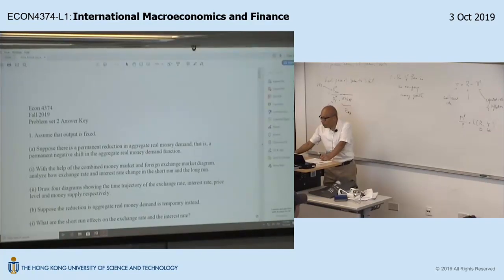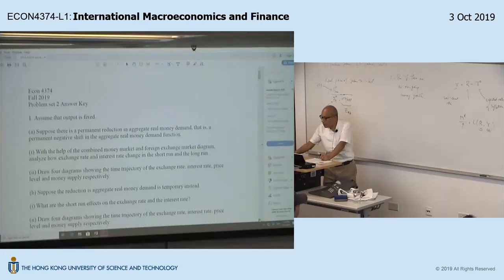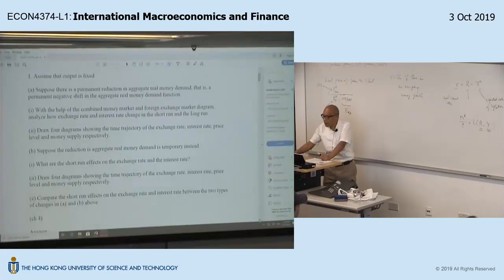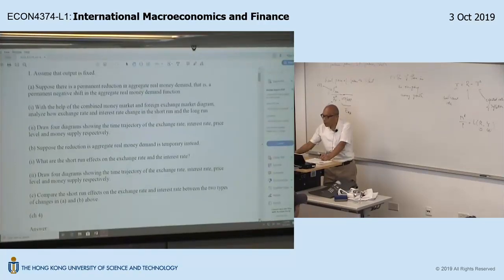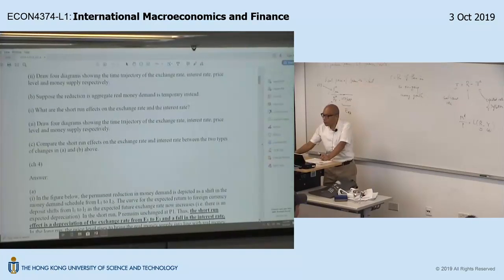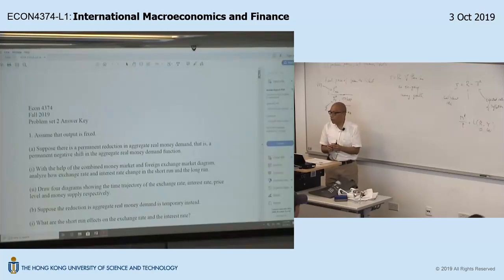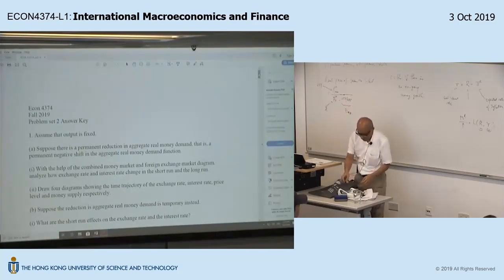All right. So this is the question, right? You still remember, right? I asked you to draw 4 diagrams. So basically, this is a permanent one-time reduction in the aggregate real money demand.